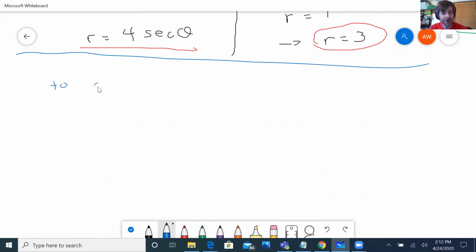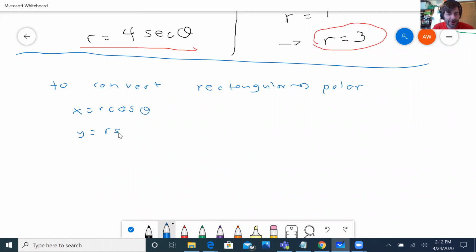Okay, so to convert rectangular to polar, I am going to use x is r cos theta, y is r sine theta, and x squared plus y squared equals r squared. And then you can just convert everything from there.